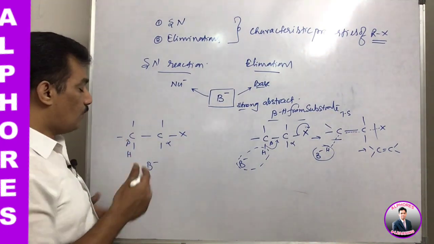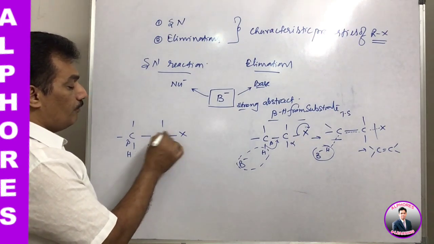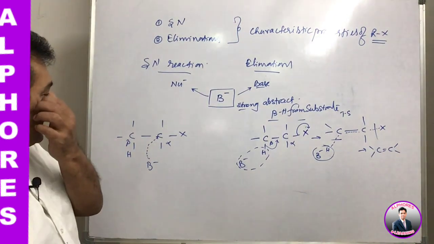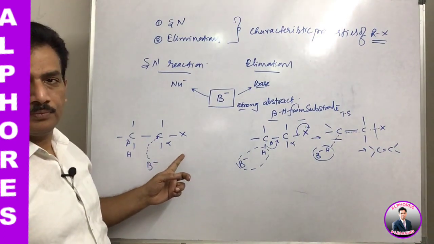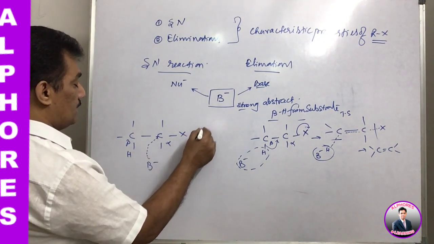And in such a case, what it can do is go and attack this carbon, where the nucleophile, that is the halide ion, is already present. Clear? Here also we get a transition state like this.